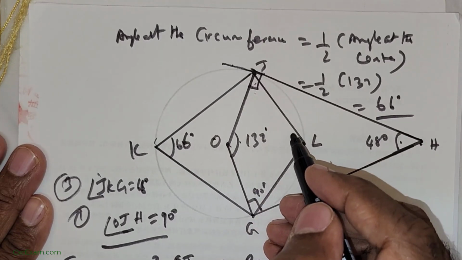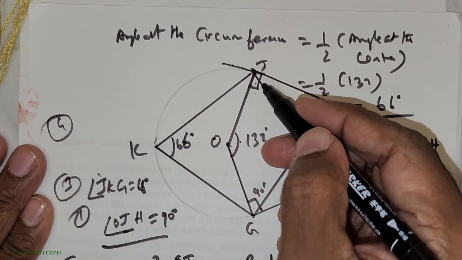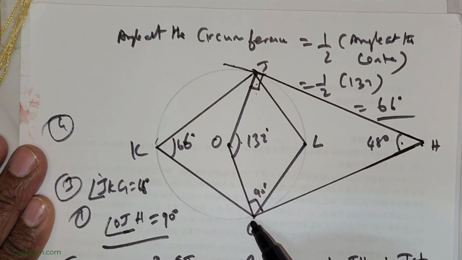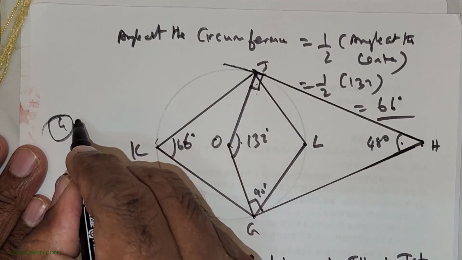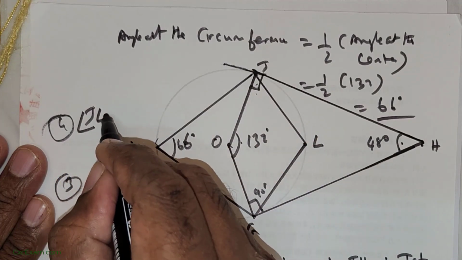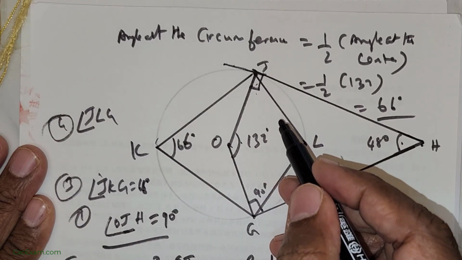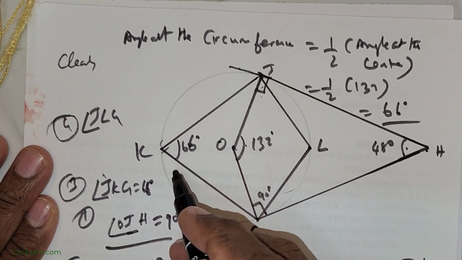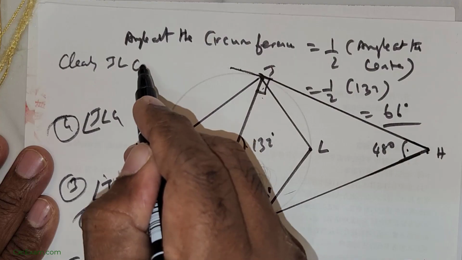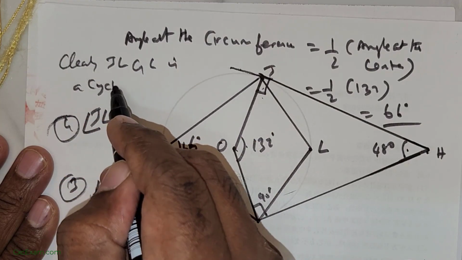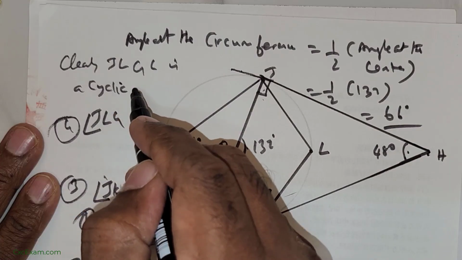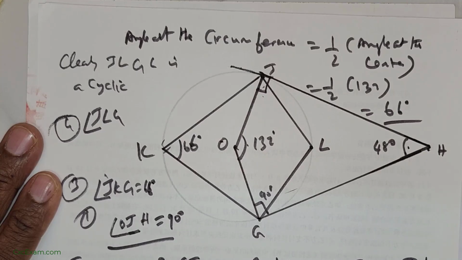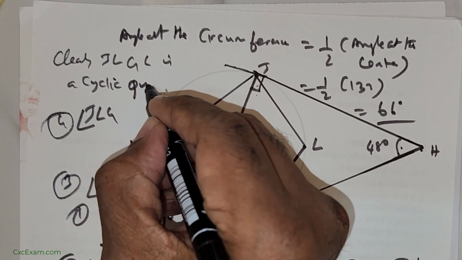Okay, now next question number 4, they want us to find the angle JLG. So this is JKG, this is JLG. They want us to find the angle of JLG, this angle. Now clearly JKGL is a cyclic quadrilateral.